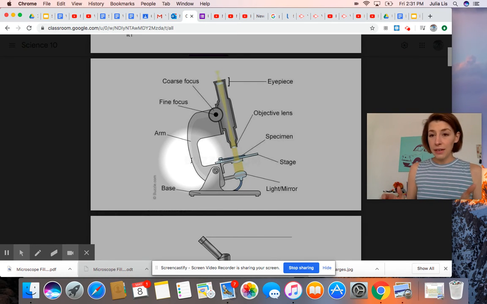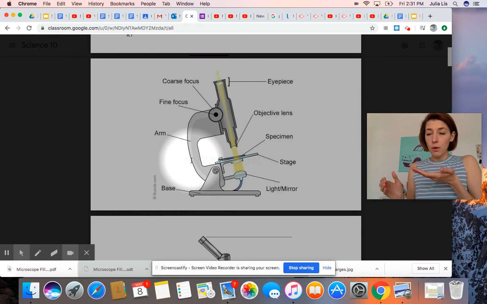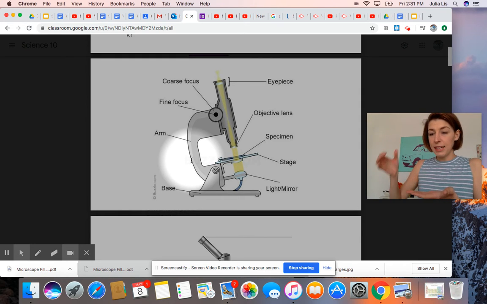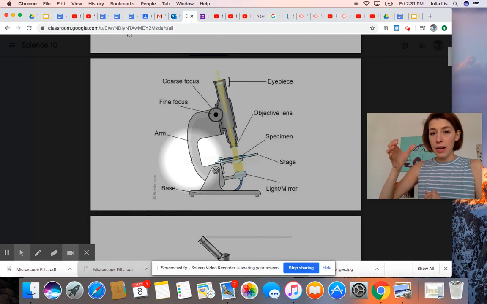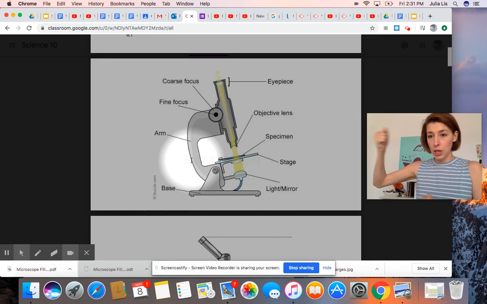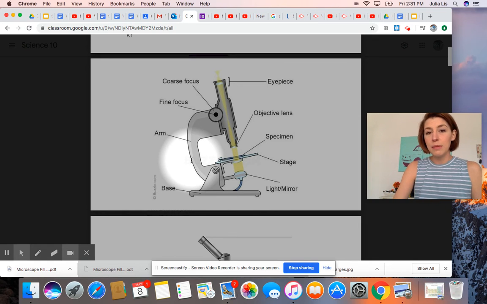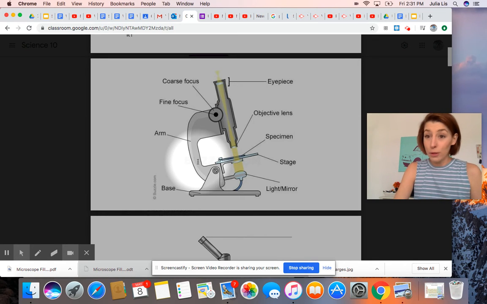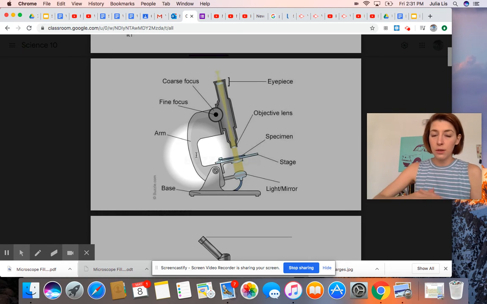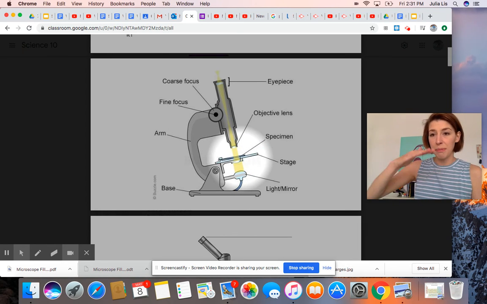Often when we're carrying a microscope, you'll always make sure you're holding it at the base and then you'll just support it with the arm. It's good practice just to support it at the arm. Do not ever grab a microscope just by the arm. The reason being is some older microscopes actually have lots of gears along the arm here in order to help move the stage up and down.